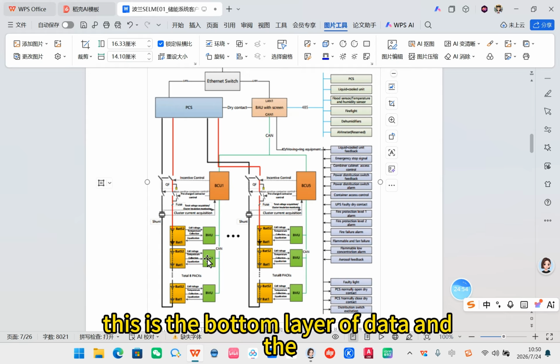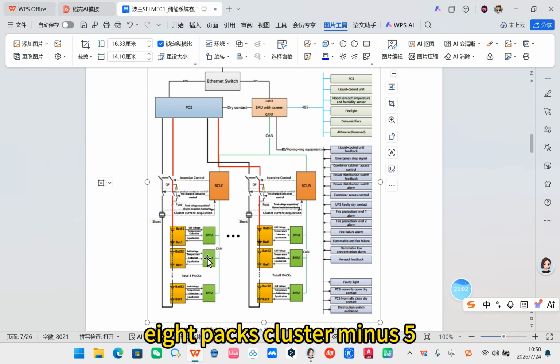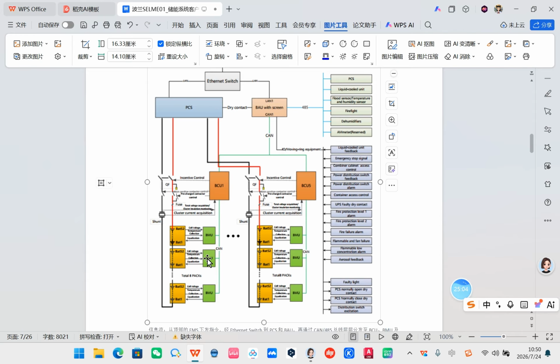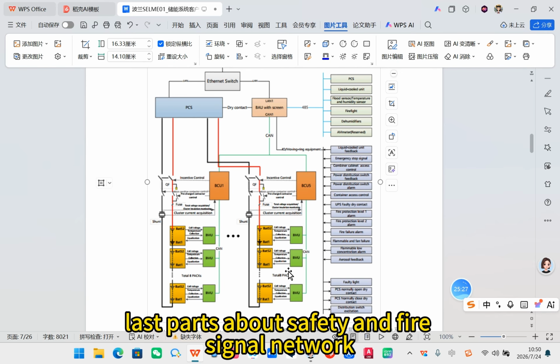This is the bottom layer of data and the source of SOC or SOH calculation. 8 packs per cluster times 5 clusters, 40 packs. This is the full cell data acquisition point. The last part is about the safety and fire signal network.